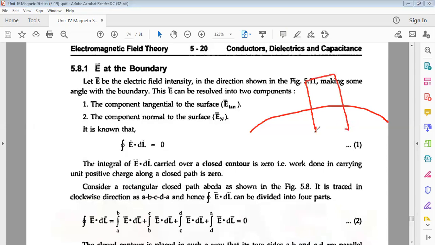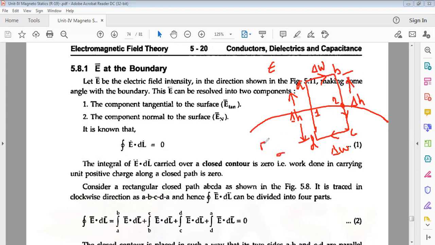I take a rectangle A and B with the width of delta W, and the height is delta H, and on the boundary B to 2 and 2 to C, and C to D, the width is delta W, and D to A, again the height is delta H. From D to 1 is in the conductor, and 1 to A is in the dielectric.